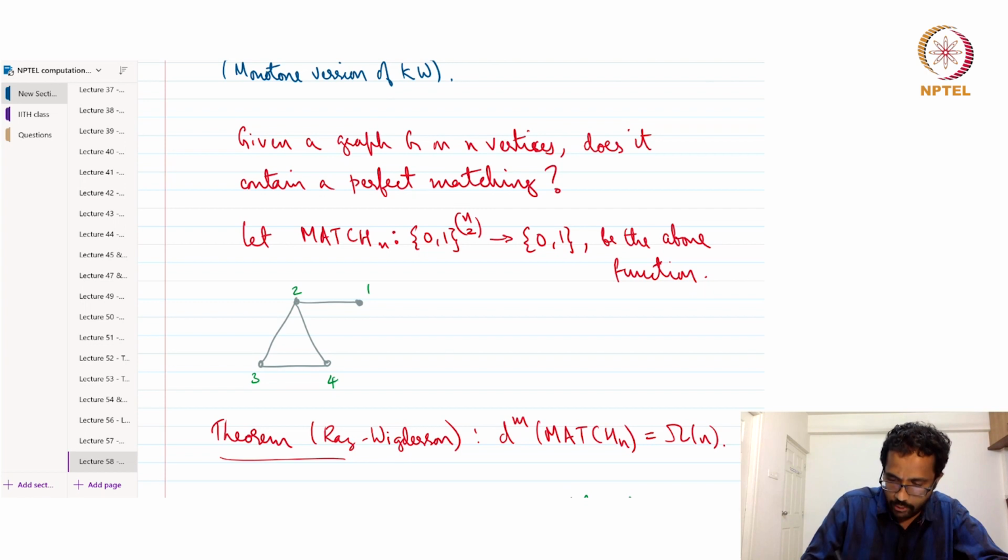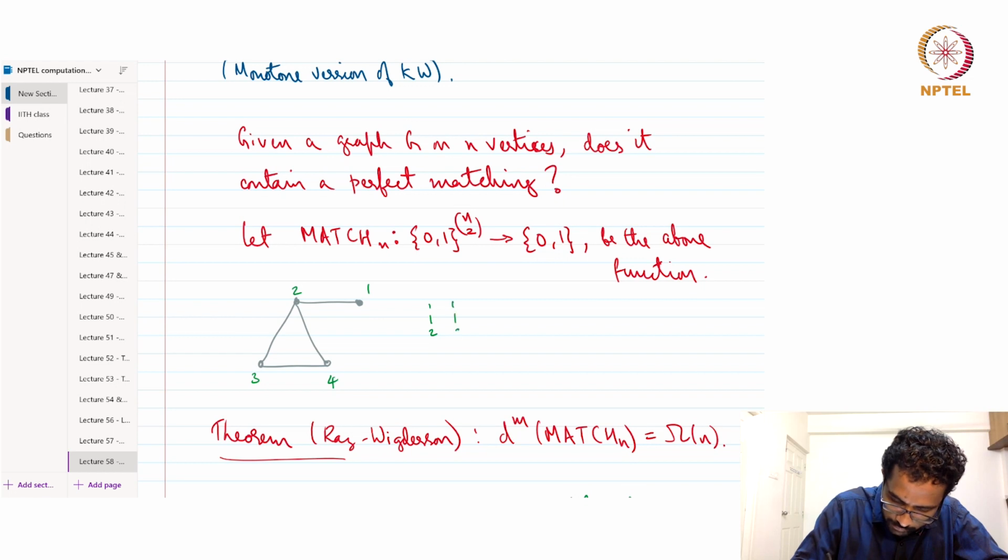I could represent this graph as a 6-bit vector, since it's a simple graph. The first bit indicates whether there's an edge from 1 to 2, then the second bit indicates an edge from 1 to 3, then 1 to 4, 2 to 3, 2 to 4, and finally 3 to 4.